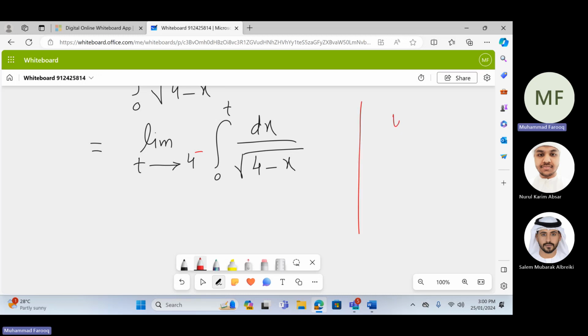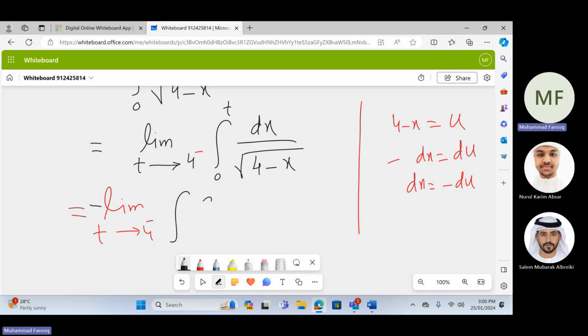So 4 minus x is equal to u, and minus dx is equal to du, but we have positive, so x dx is equal to negative du. Now put the limit t up to 4 from the left side. Now we have a negative sign here and integrate du over square root of u.